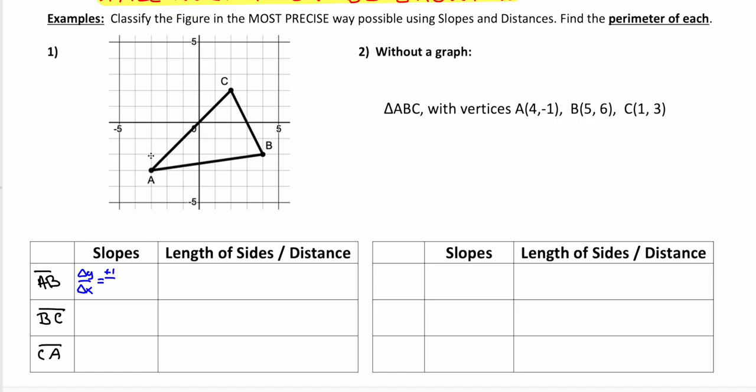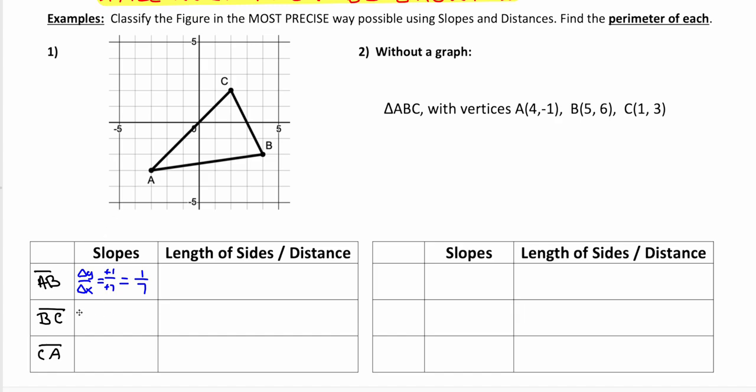Then I'm going to go to the right, so that's a positive change in x of 1, 2, 3, 4, 5, 6, 7. So it's going to be a positive 7 for our change in x. So I would then simplify, positive 1 divided by positive 7 is 1 over 7. So that is the slope of segment AB.